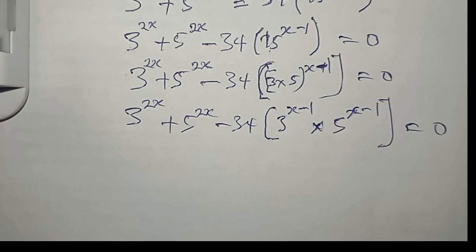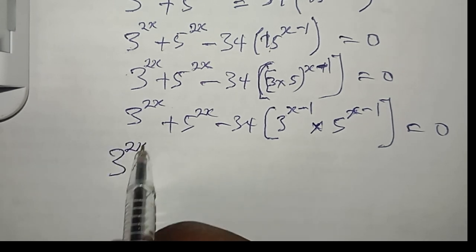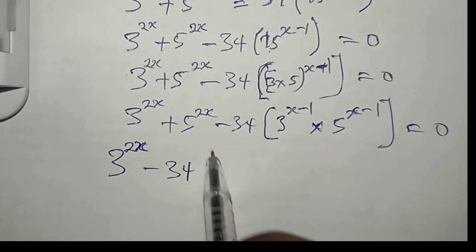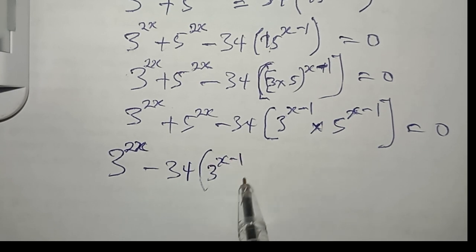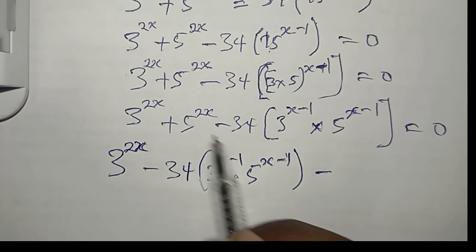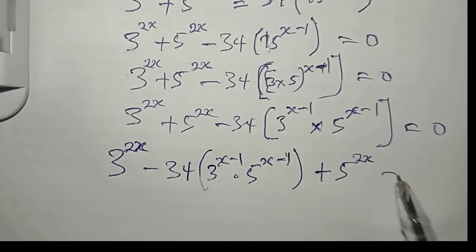Okay, so next I'm going to write this stuff right here so that we begin to see it in a particular pattern. So this is 3^(2x). I'm going to write this minus 34 into 3^(x-1), and then multiplied by 5^(x-1). And then let me write here plus this one, 5^(2x), is equal to 0.